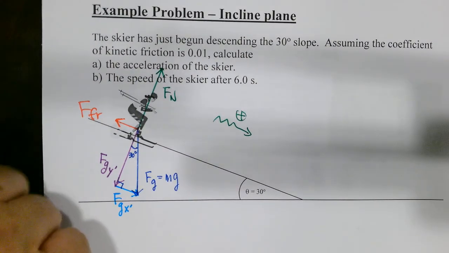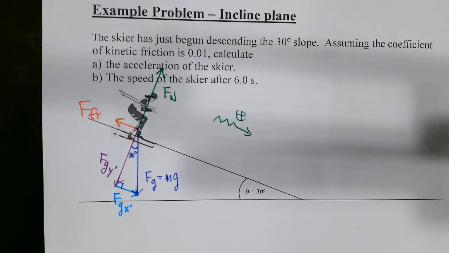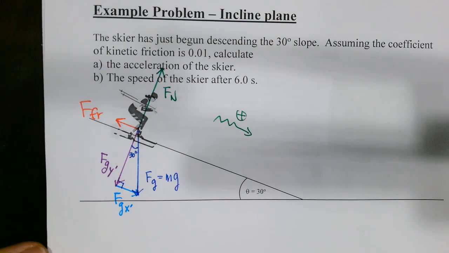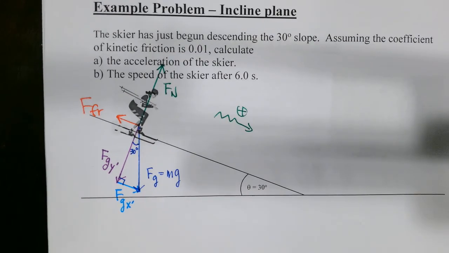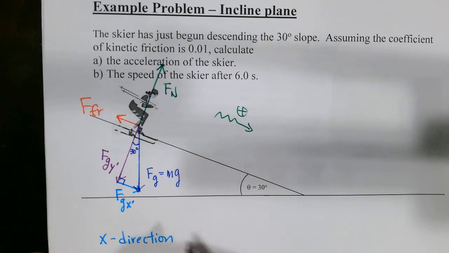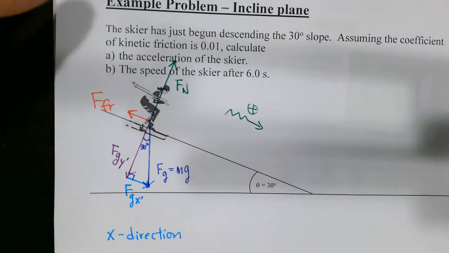Now let's take a look at what's going on in the x direction and y direction. This time I'm going to start with the x direction first, just to be different, to show you that it doesn't really matter which direction you start with.